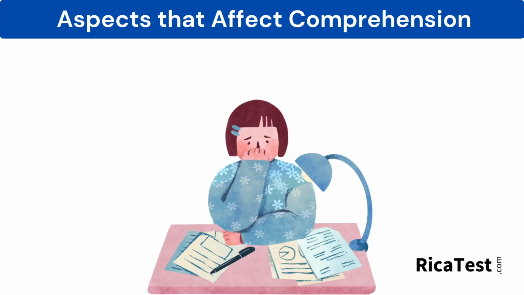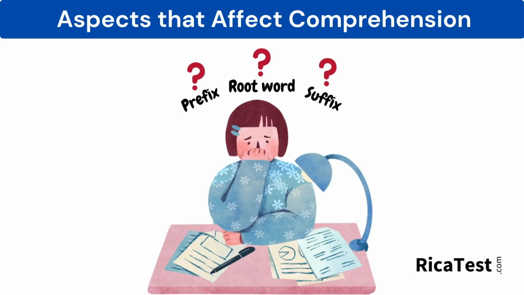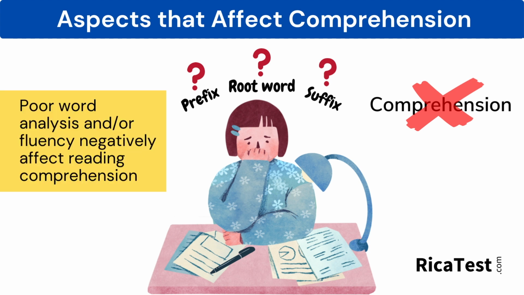If a reader struggles with word analysis or fluency, automaticity won't be reached because the student's reading is too choppy and too slow. This negatively affects reading comprehension because the student is focused on the act of reading the words, not understanding what they mean. Poor word analysis negatively affects reading comprehension.